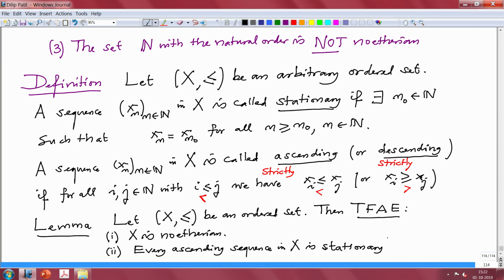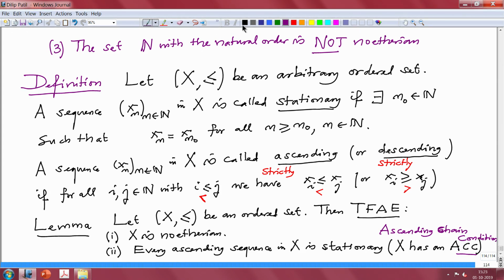And these two I will abbreviate by saying that X has an ACC. ACC stands for ascending chain condition, AC capital, condition. That is the short form for ACC.